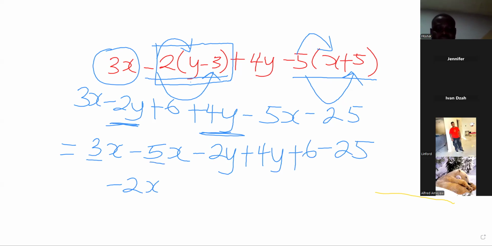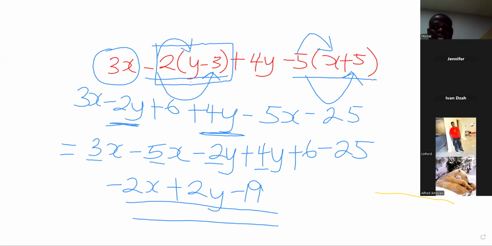Then you attach the x. Now negative 2y plus 4y, you are owing 2, you have 4, you have what? 2y. 6 minus 25, you have 6, you are owing 25, and that will be negative 19. At this point, there is no like term, and we are done with the simplification.